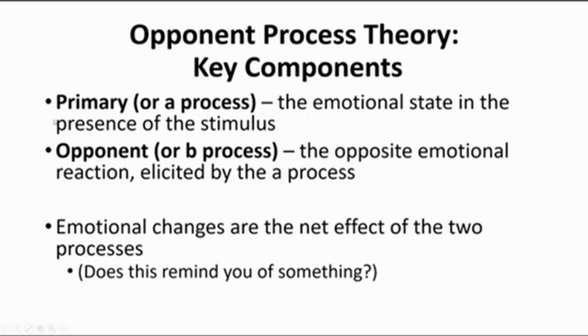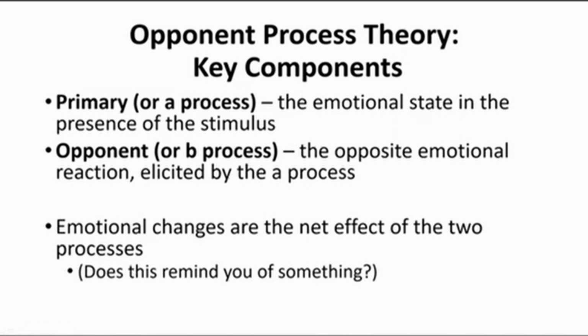So the existence of the A process then causes this B process to occur. And our emotional changes that we observe are going to be a net effect of these two processes, our primary and opponent processes.